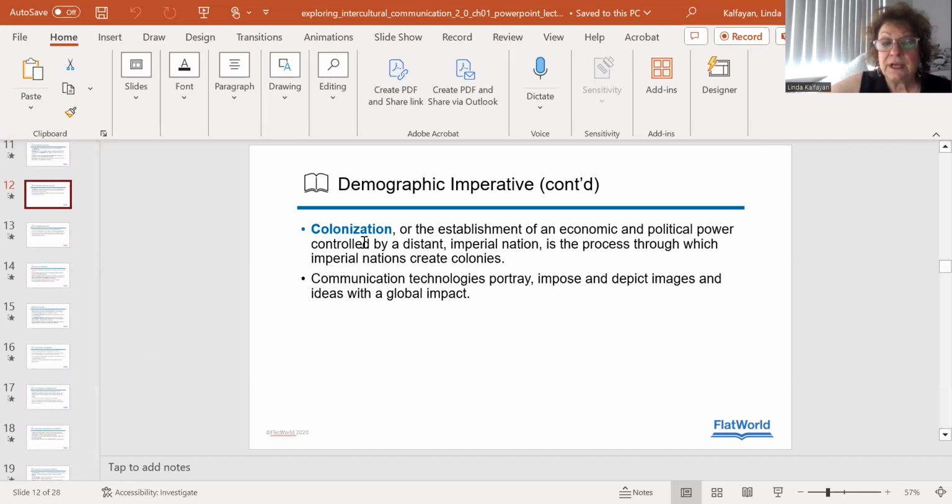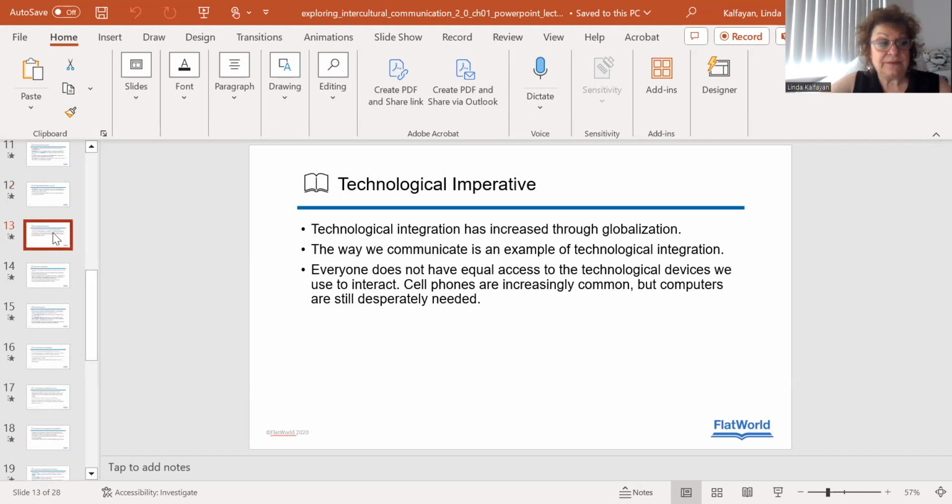And then colonization, or the establishment of economic and political power controlled by a distant imperial nation, is the process through which imperial nations create colonies. So this is important. And as you read, there are going to be more examples in your book to help you understand colonization, if you didn't come into this class knowing about it.